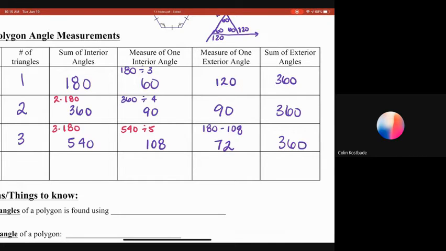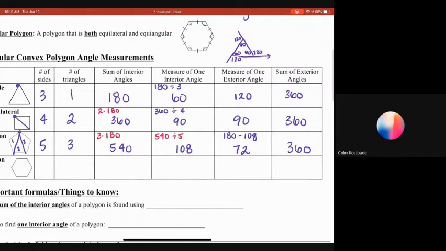So what you could do instead is, don't we know the sum of the exteriors is always 360? Well, if the sum of the exteriors is always 360, and there are 5 of those angles, you could also take 360 and divide it by 5. And wouldn't that also give you 72? So that's just a quicker way to do that. And we outline that in the formulas down at the bottom. I just figured I'd mention that.